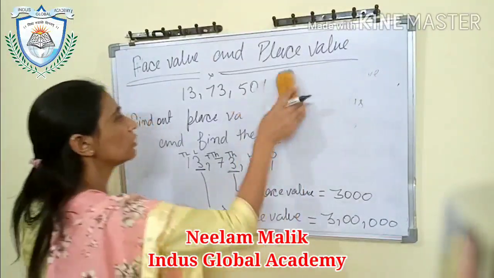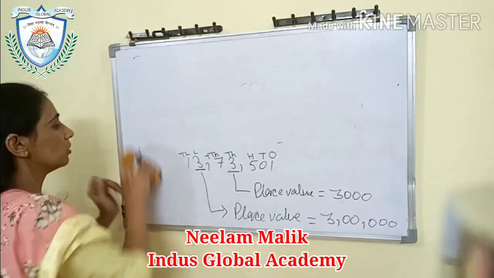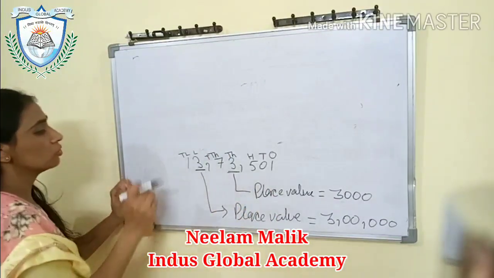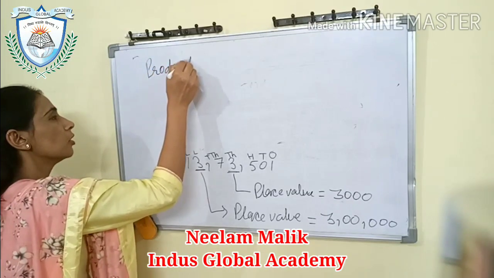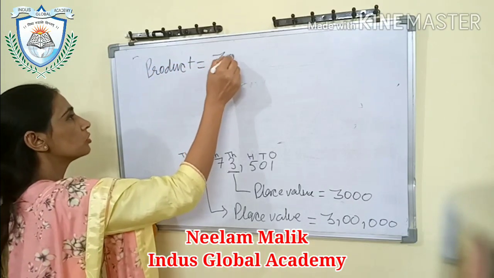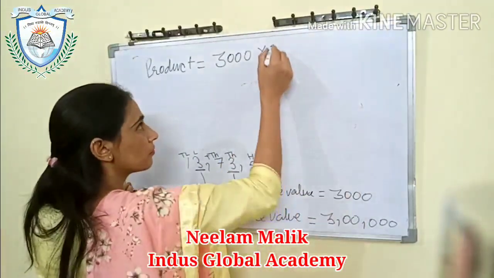What do we have to find out next? Product of both the place values. So how will you find the product? You will write the product is equal to 3,000 multiplied by this.